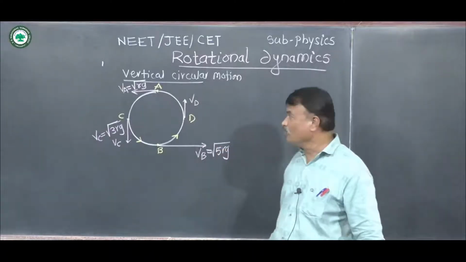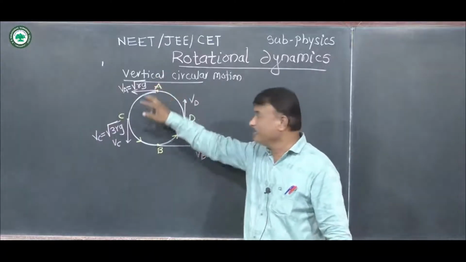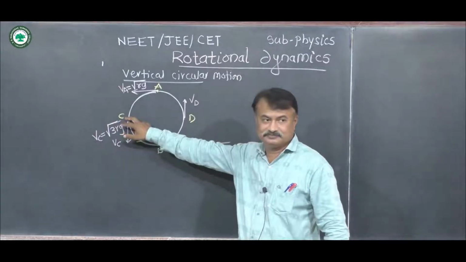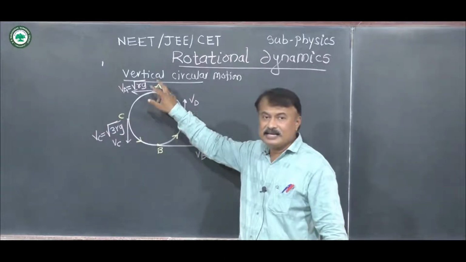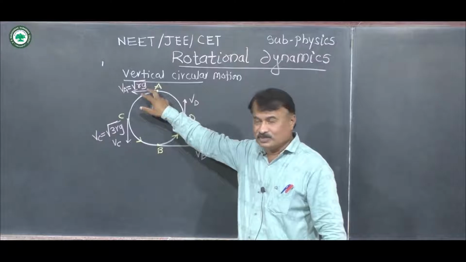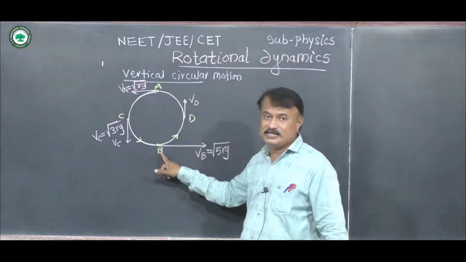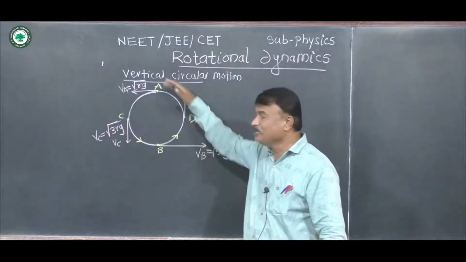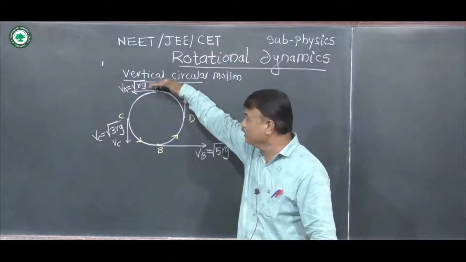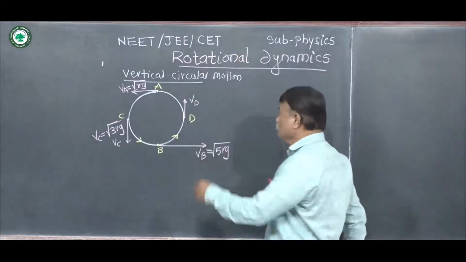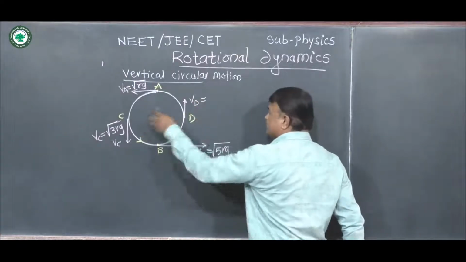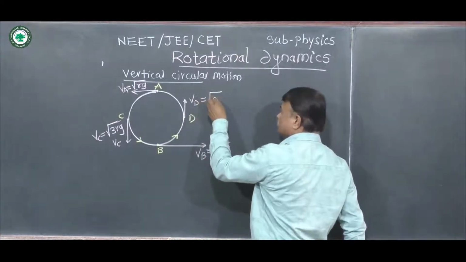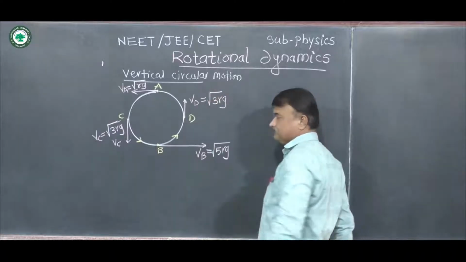Remember these values of velocity at points A, B and C. Velocity at A is very small. Velocity at B is very large. And velocity at points C and D is midway between VA and VB. So, velocity at C and D both are same, that is equal to under root 3 RG.